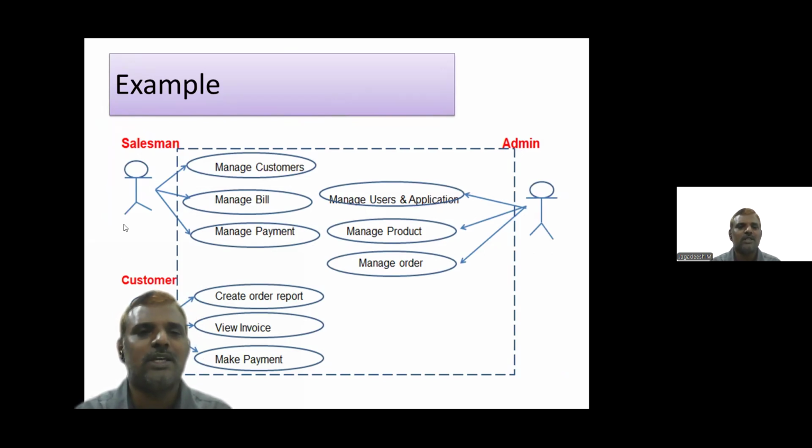What are all the functionalities or behaviors I can have? Like manage customer, manage bill, manage payment. Similarly, manage users and applications, product, order. Otherwise, create order report, view invoice, make payment. These are all the behaviors. Again I'm telling you, when you have an oval shaped symbol, within it you should include only the behavior. Behavior means functionality of the system, right?